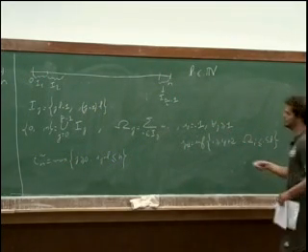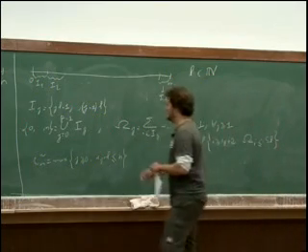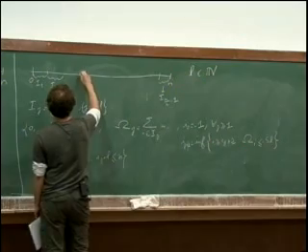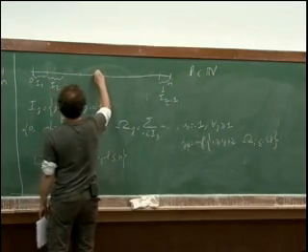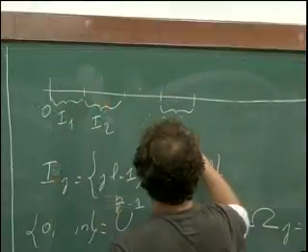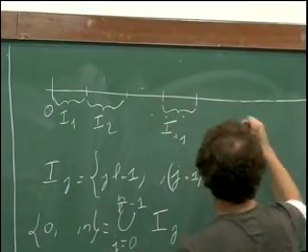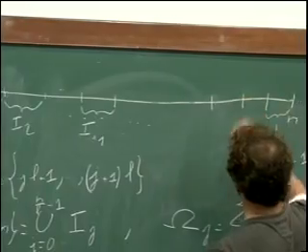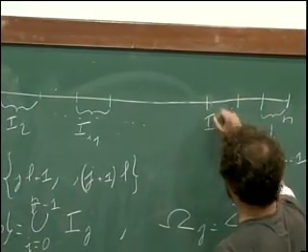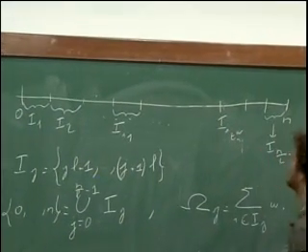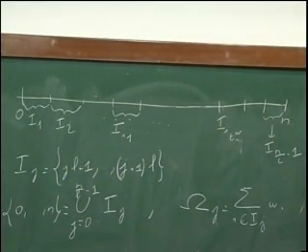So finally, the picture is going to look like that. So you have I1, I2, and so on until the last one, which is going to be I T n omega.